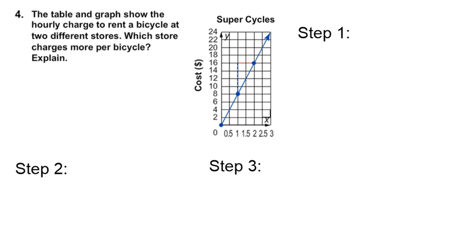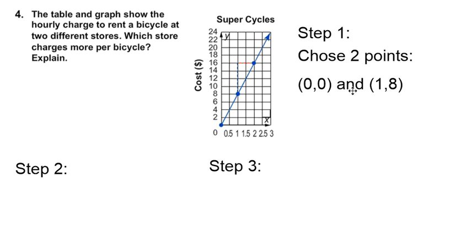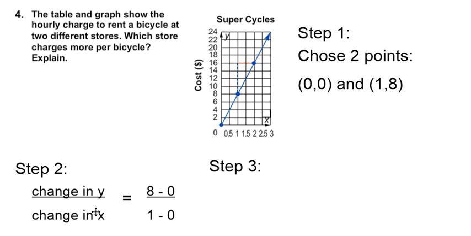Now we're looking at the graph. Remember, when we're doing the graph, we have to choose 2 points. Again, I chose my first 2 points, smaller numbers, easier to compute. So I chose (0, 0) and (1, 8). So now I want to set up my ratios, change in y over change in x. Now my y's are 0 and 8.